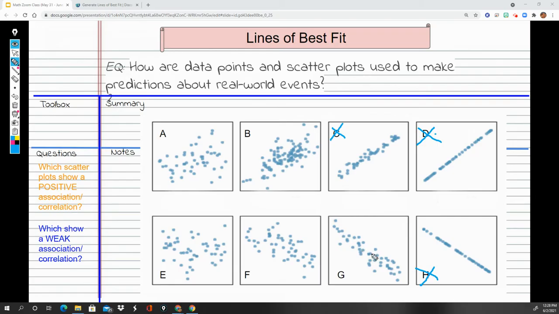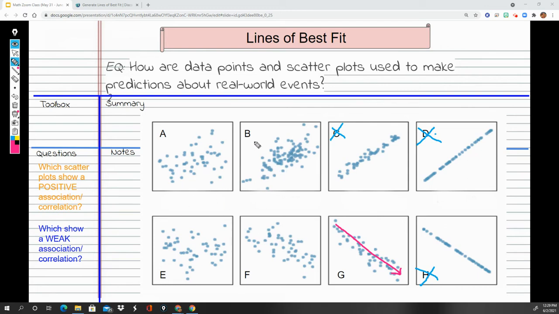You could potentially make an argument that G might be sort of weak, although I do see a pretty good trend down, but the points are starting to get a little spread. You could argue one way or the other. I'm leaning that this is not weak. But then we start to get here and here, and oh my gosh, over here.